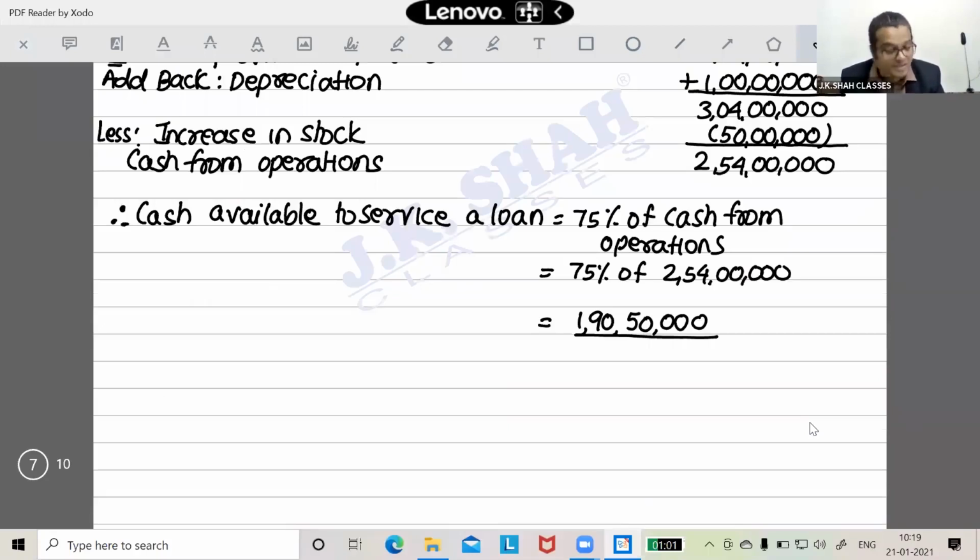In the next year, repayment should not cross 1 crore 90 lakh 50,000. And accordingly, they will borrow so that everything working in the business will go smooth. Even after submitting this working to management, if we tell them, you will have maximum 1 crore 90 lakh 50,000 rupees available to repay the loan, and after that management takes a loan with an outgo of 3 crore, what will happen?